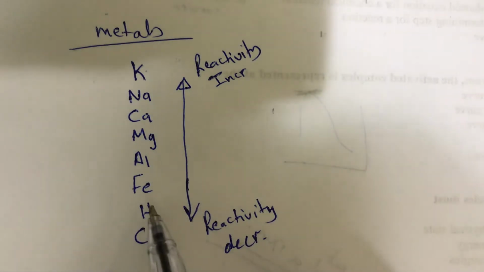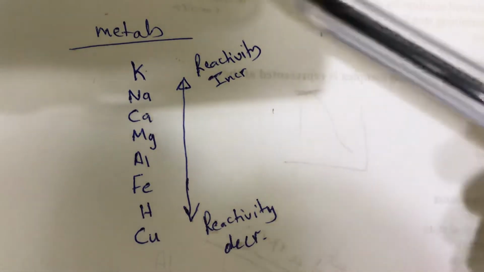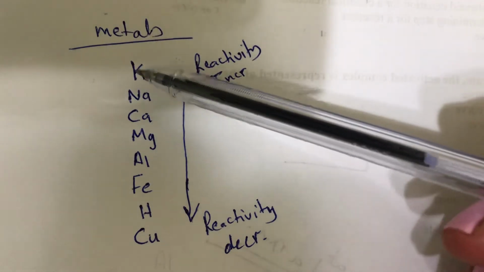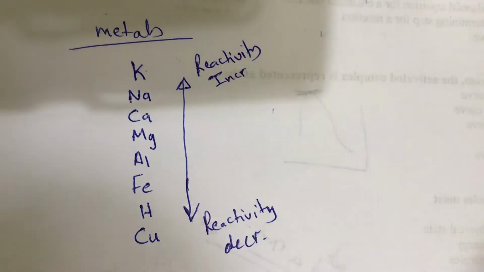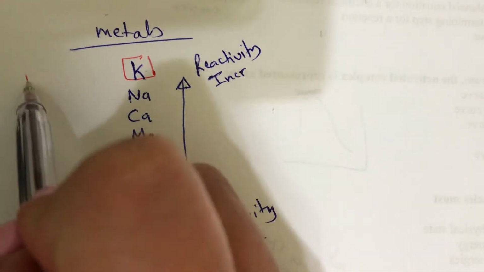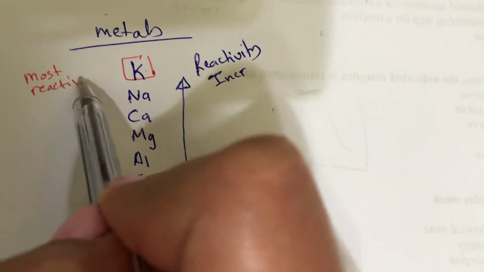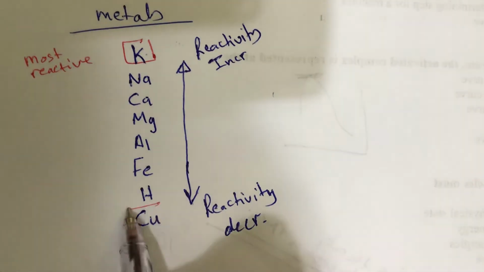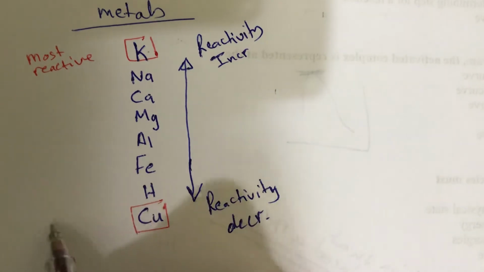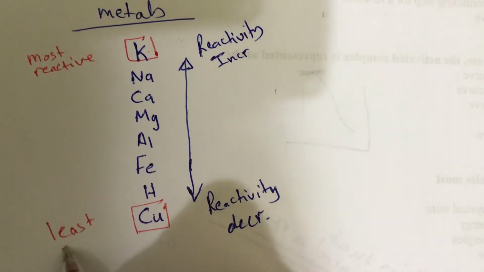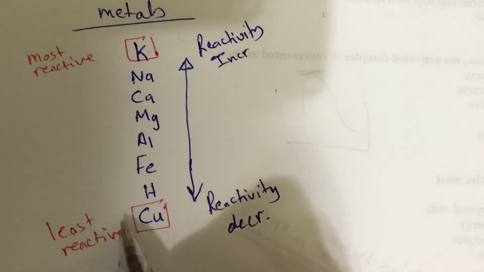So this is the reactivity series for metals. At the top, the most reactive element, here potassium, is the most reactive element, and copper is the least reactive element.